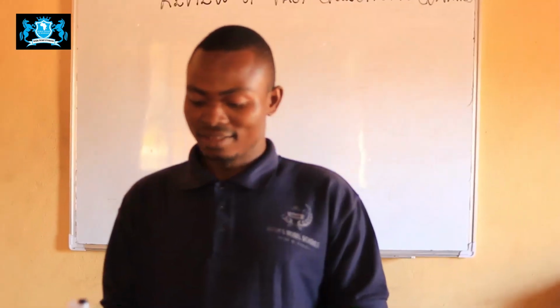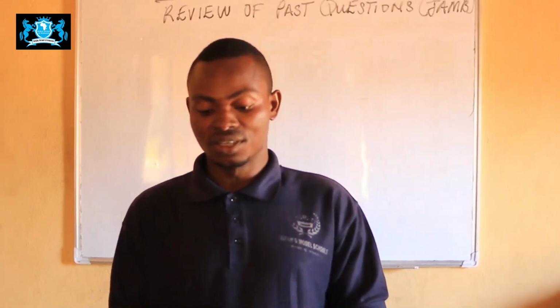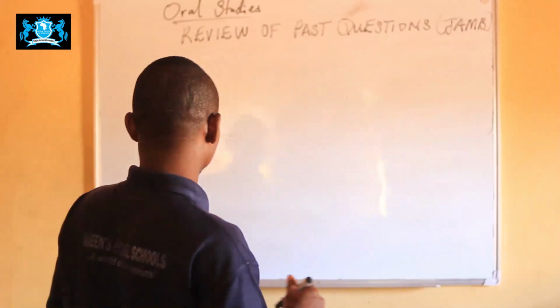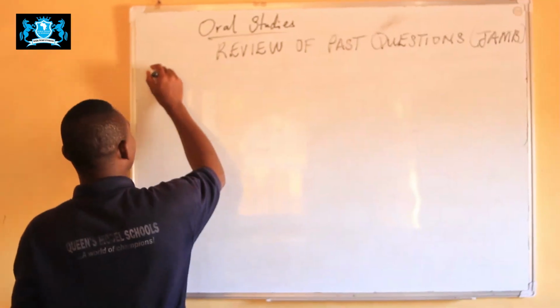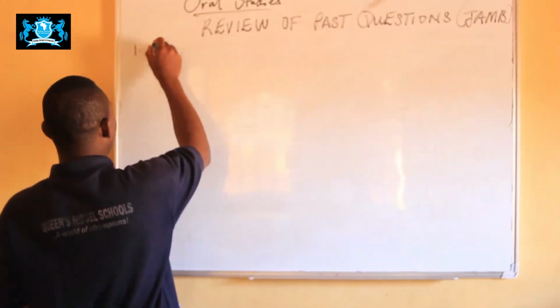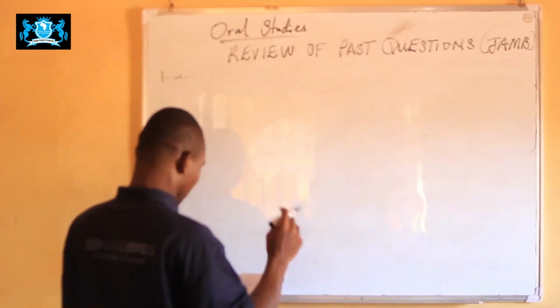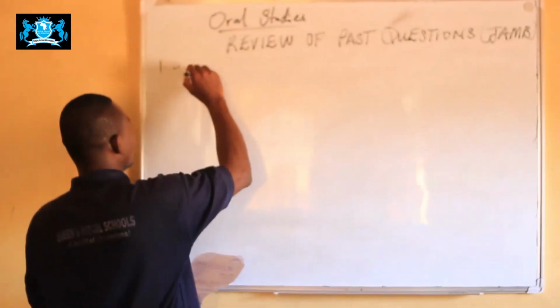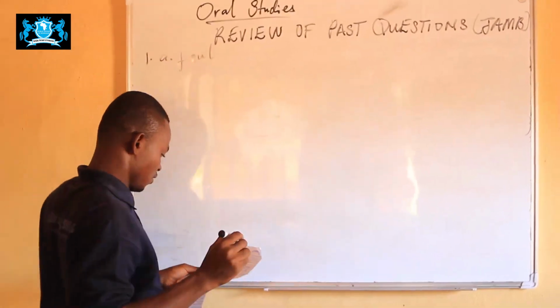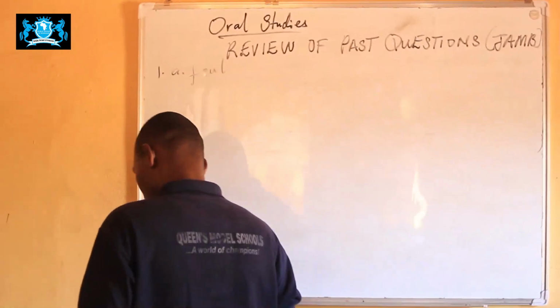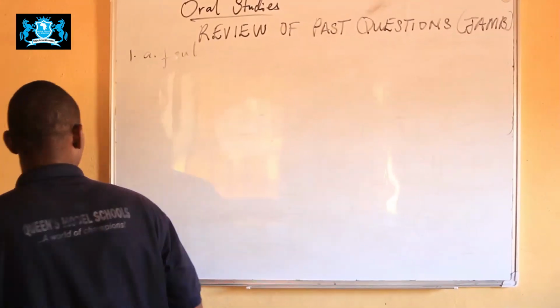We shall be looking at number 1, which says choose the option that has a different vowel sound from the others. We shall take the options down. Number 1, choose the option that has a different vowel sound from the others. A is F-O-U-L.